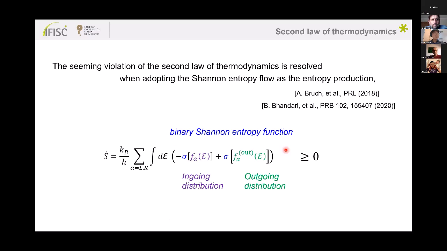So this seeming violation of the second law of thermodynamics could be resolved when adopting the Shannon entropy flow as the proper entropy production.